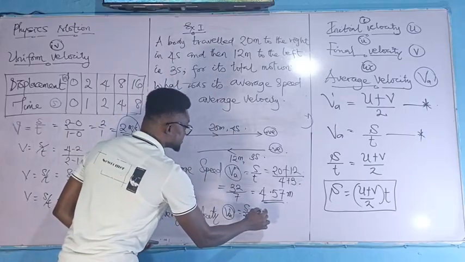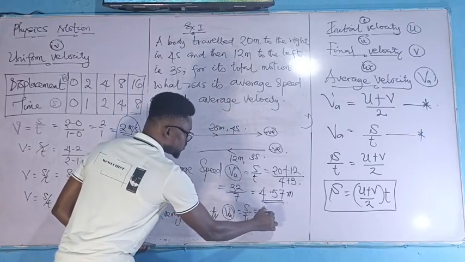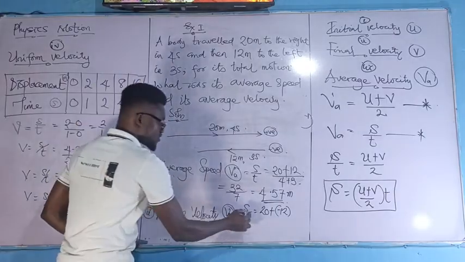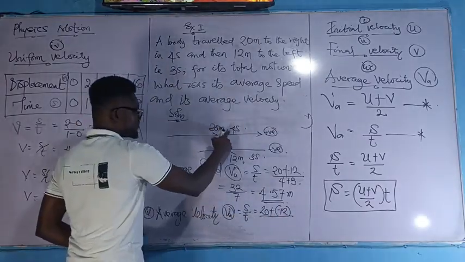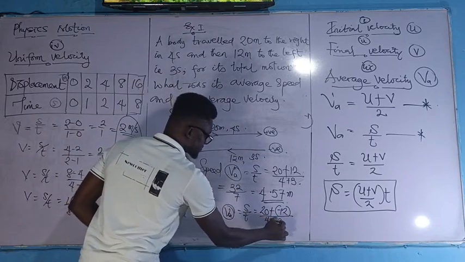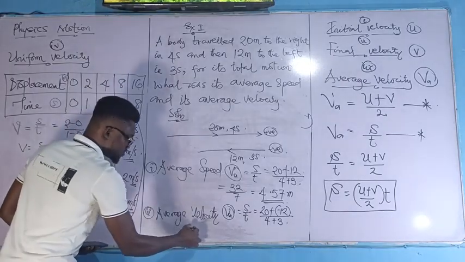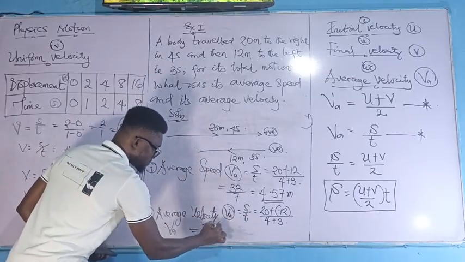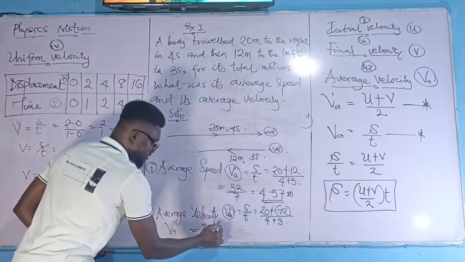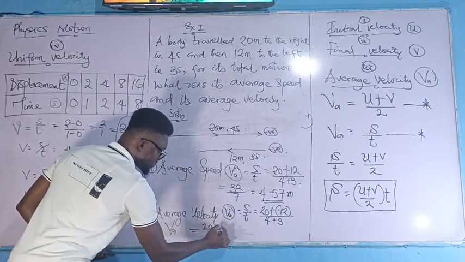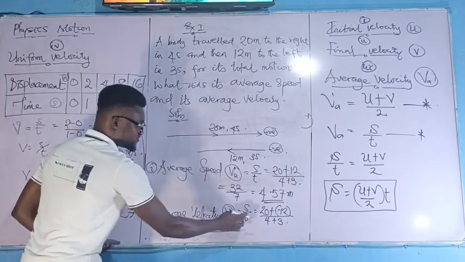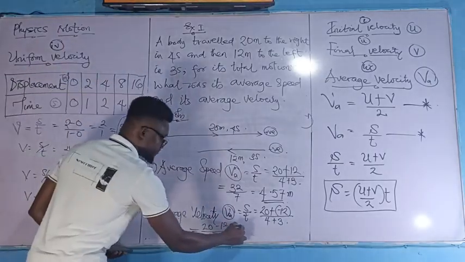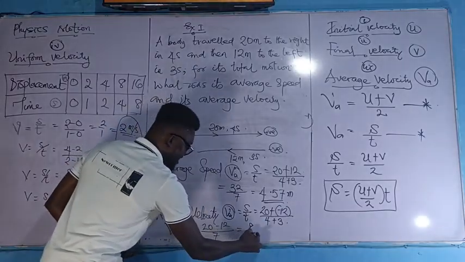So the total displacement becomes 20 plus minus 12, all over total time, which is 4 plus 3. So at this point, we are going to get average velocity as 20 minus 12, which gives 8, divided by 7.